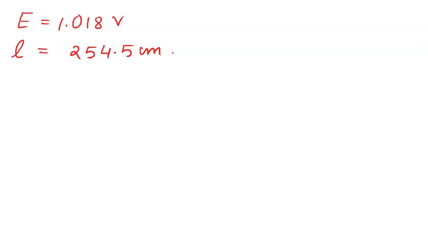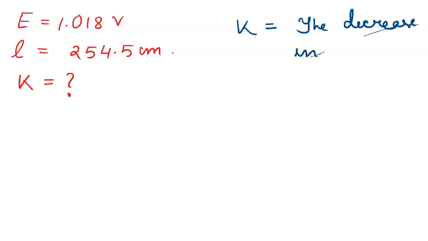So now the question is, what is the potential gradient across the potentiometer wire? So the potential gradient is written as K. So we have to find out the potential gradient of this potentiometer wire. Now, what is this potential gradient? So potential gradient can be defined as the decrease in potential per unit length, right?